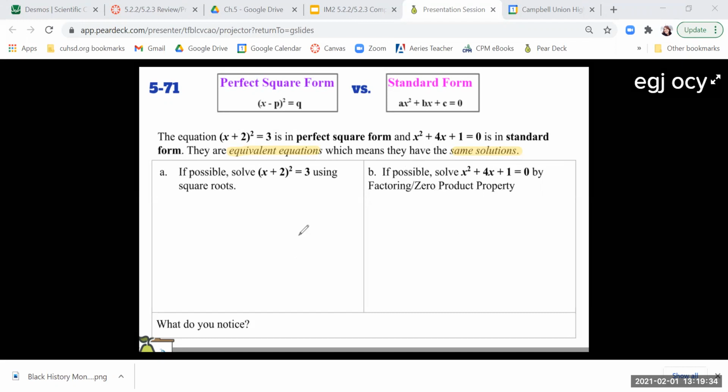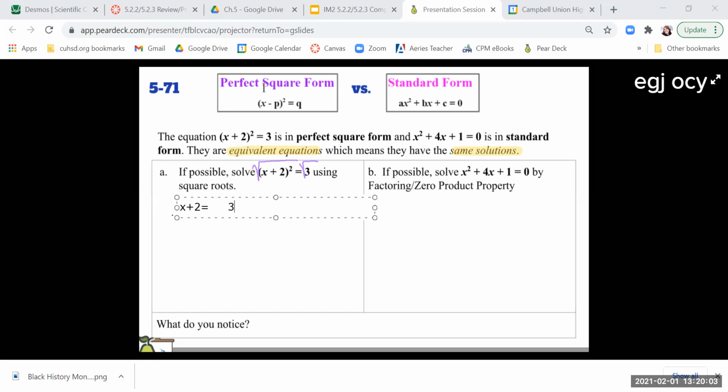So in part A, so I don't have to write so much, I'm just going to start by taking the square root of both sides. And what that gets me is x plus 2. So now I've gotten rid of the exponent, and it is equal to plus or minus the square root of 3.